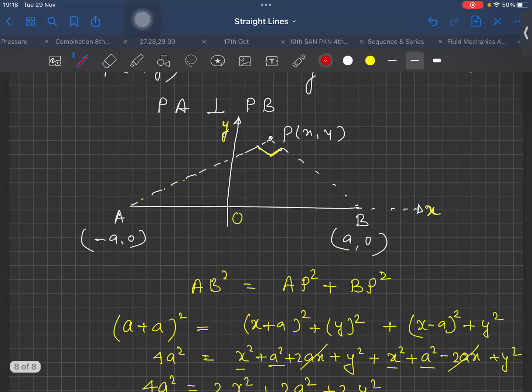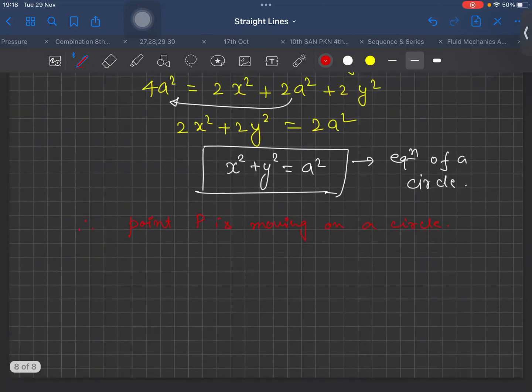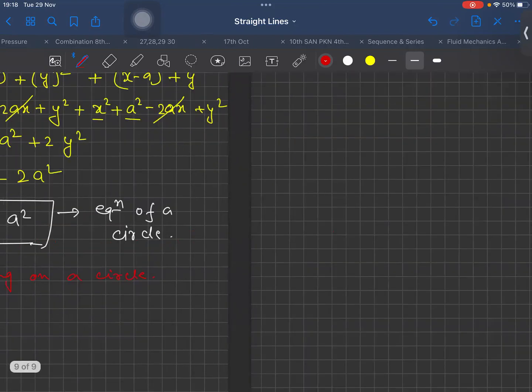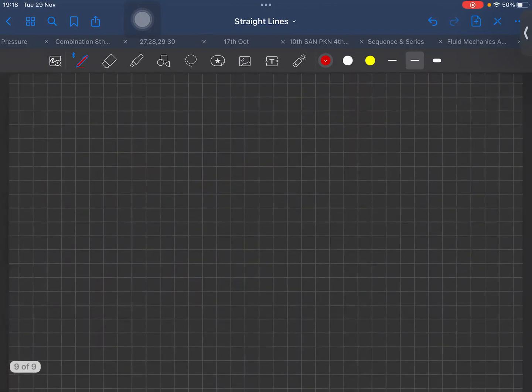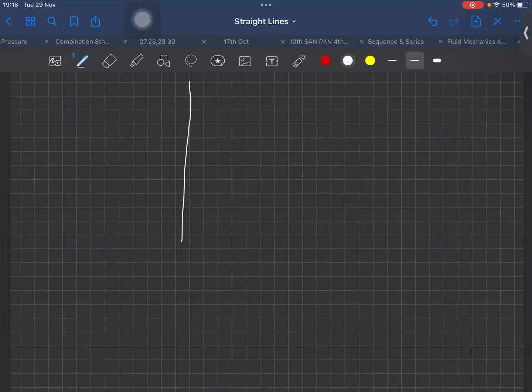Now write down straight lines. Let's enter straight lines. In straight lines, we will always use the coordinate system to understand a straight line. So suppose this is x and y.